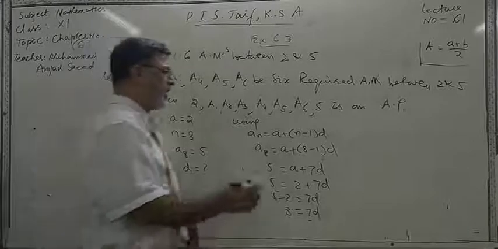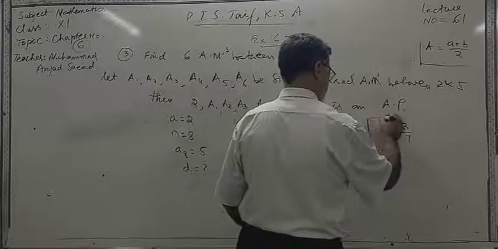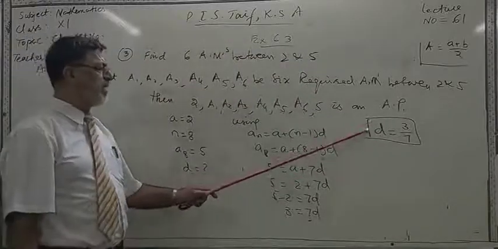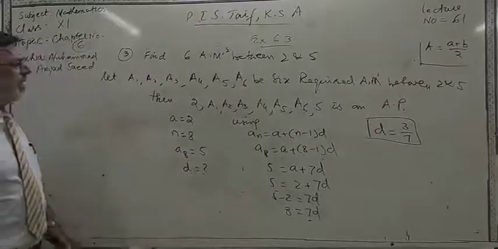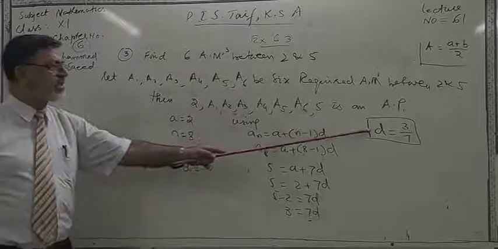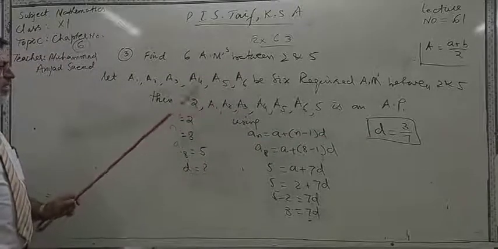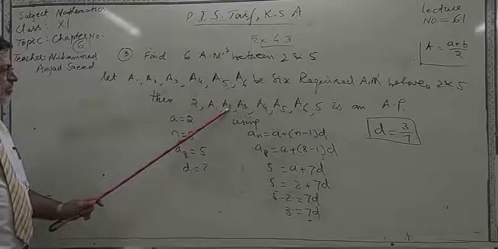So what about D? D is equal to 3 over 7. Dear students, this is the common difference. Now it's very easy to find the terms by adding this common difference D. Add D to the first term and it becomes the second. Add D to the second term and you get the third term.